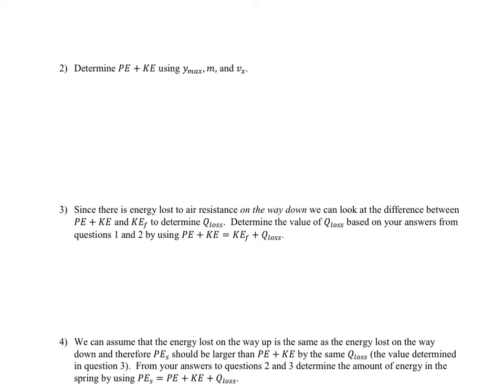Now, how can I find PE? PE is mgy. That's where your Y max is going to come into play. So if I want PE plus KE, I'm doing this: mg times Y, which is really Y max, plus 1/2 m. Now, the kinetic energy at the top, if you recall, is from Vx only, because Vy at the top is 0.